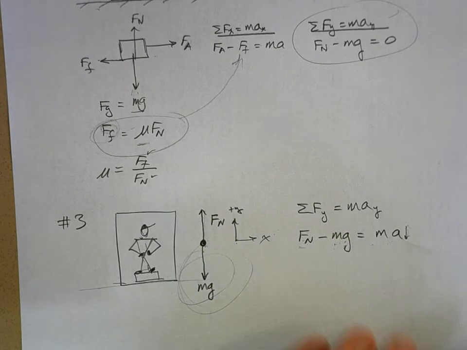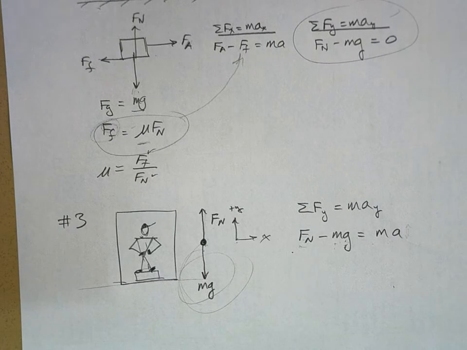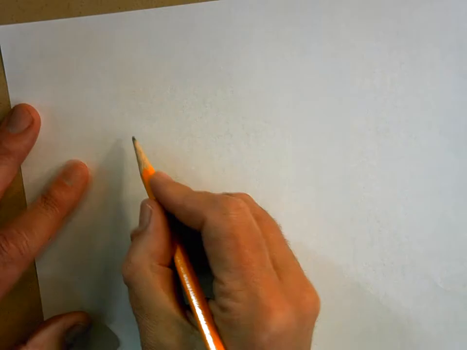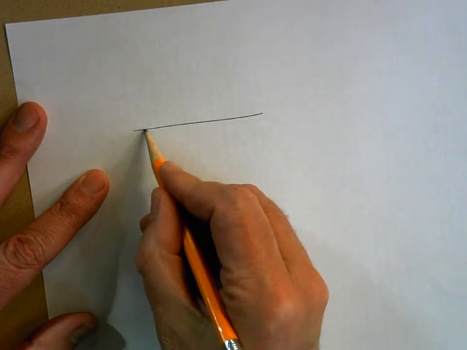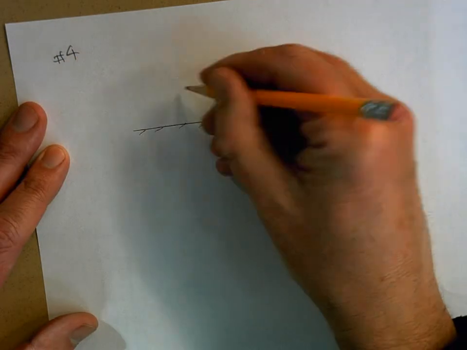All right. Okay, so there's a problem like this on the test. Okay, problem number 4. I'll just draw that little sketch for it. Something very similar. I've got a big crate.